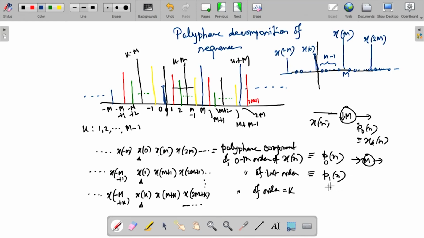For P1[n], what do I do? I pass it through a delay first, then expand.